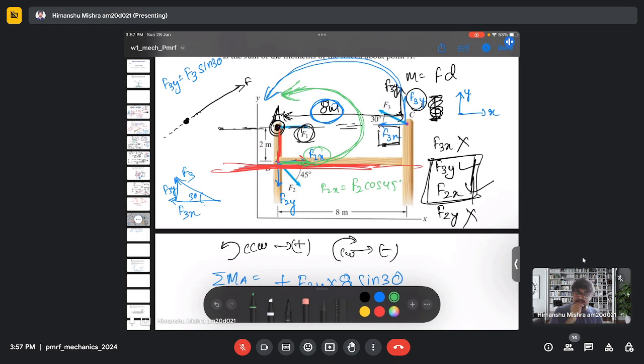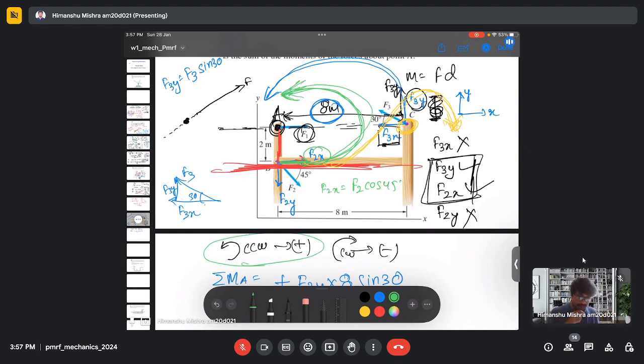So this is a very good visualization to check the sign of the movement. For example, let's say I am considering the movement about C. So what happens? F2x creates a clockwise movement about C. So about C, you have to add the minus sign. So the movement is actually negative because it's a clockwise movement around C. But around A, you have a counterclockwise direction.